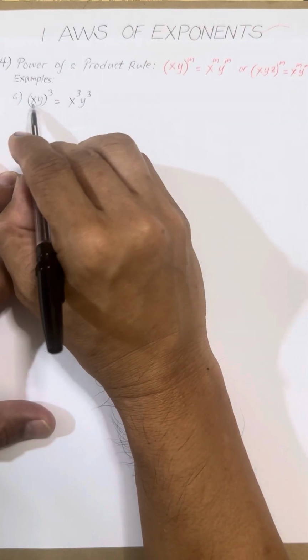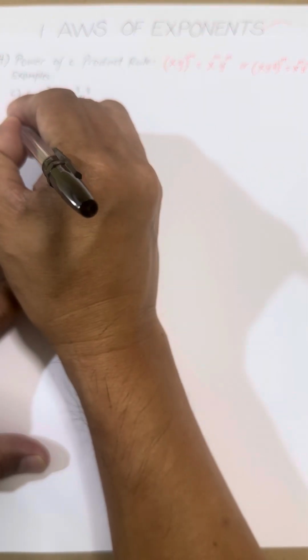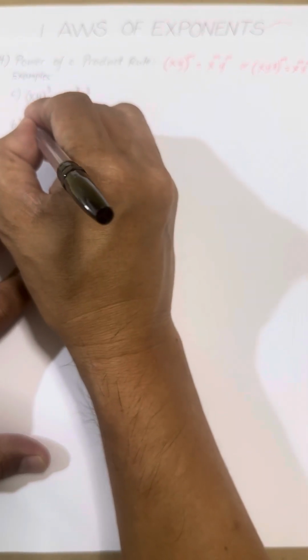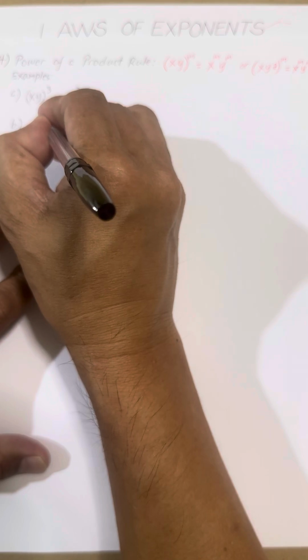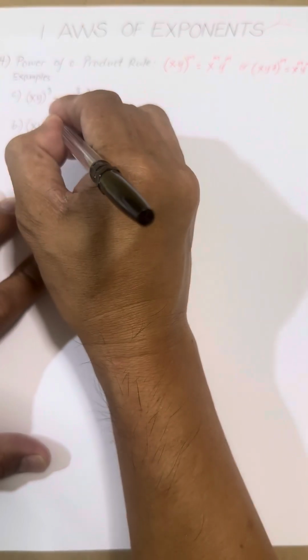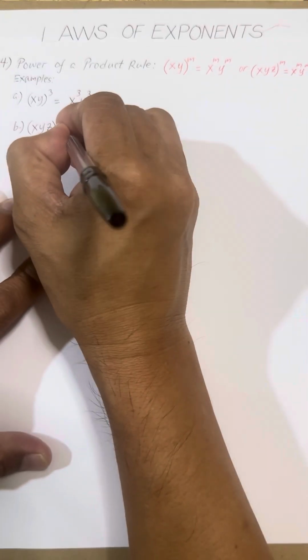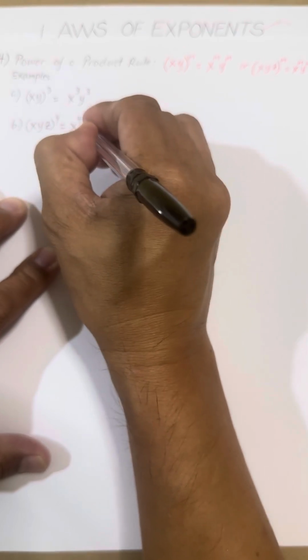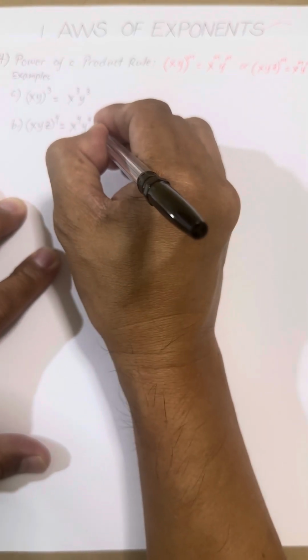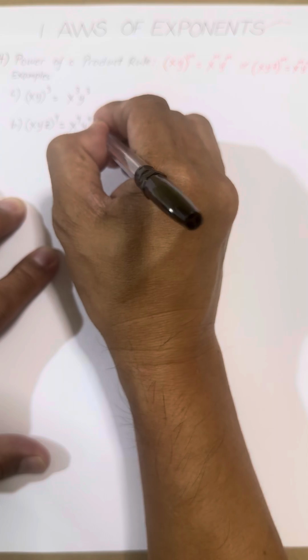So we're just distributing the power or the exponent. Or if you're given, say, x times y times z raised to power 4, this is equal to x to the power 4, y to the power 4, and z to the power 4.